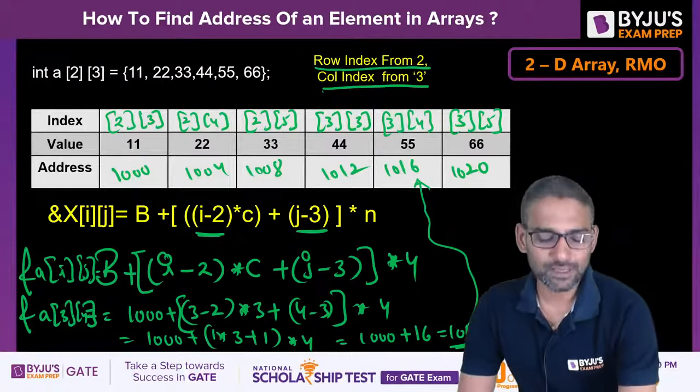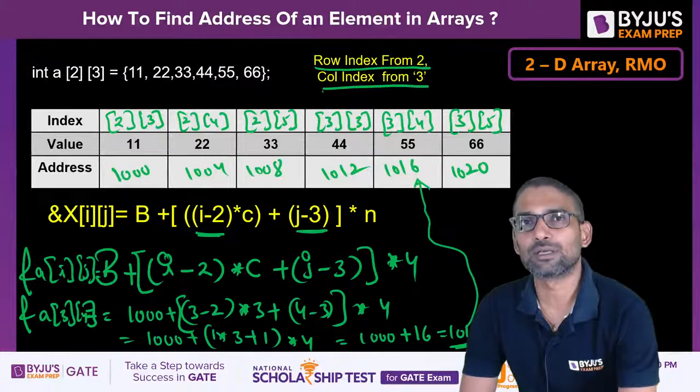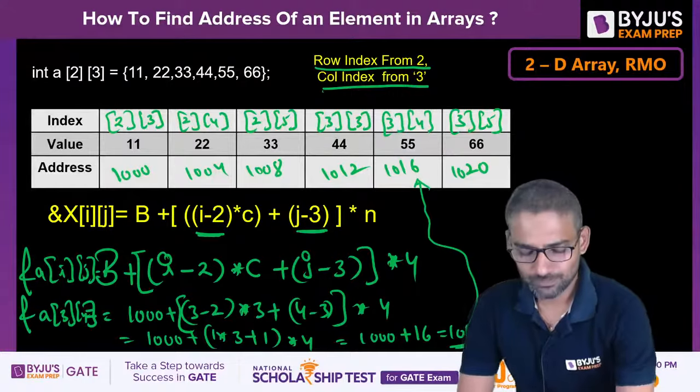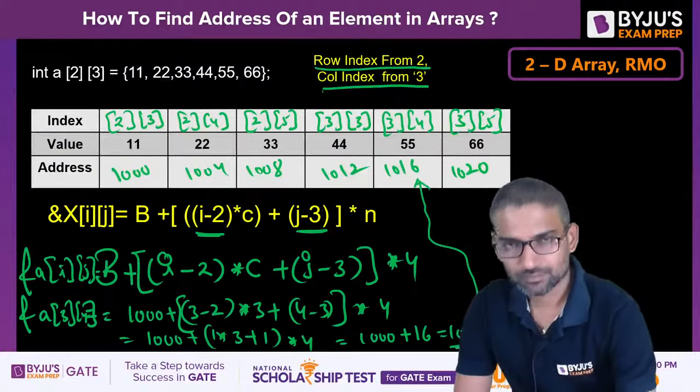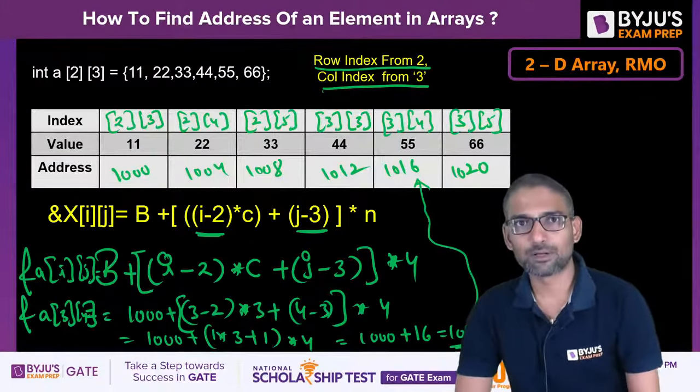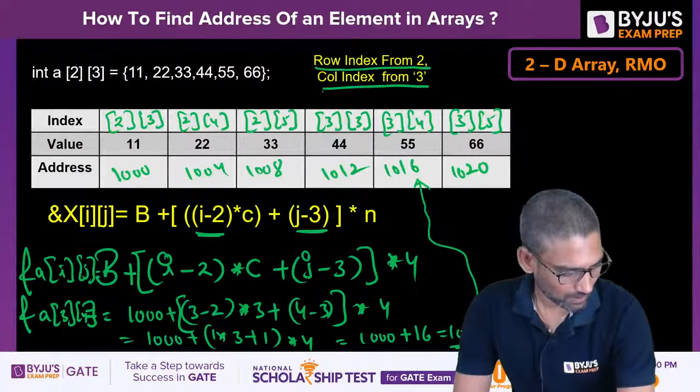I am assuming the base address as 1000. You may assume some other number also, your wish.